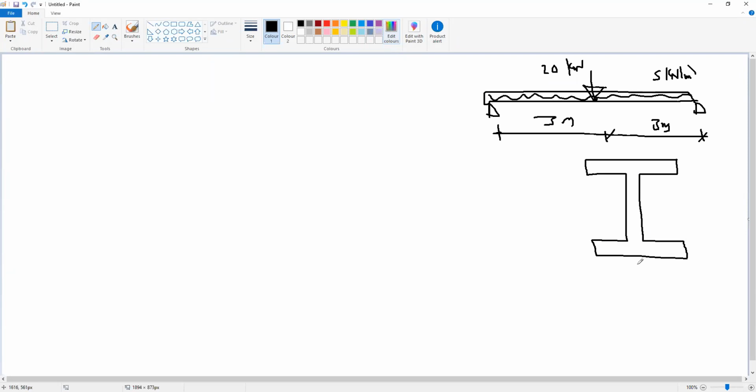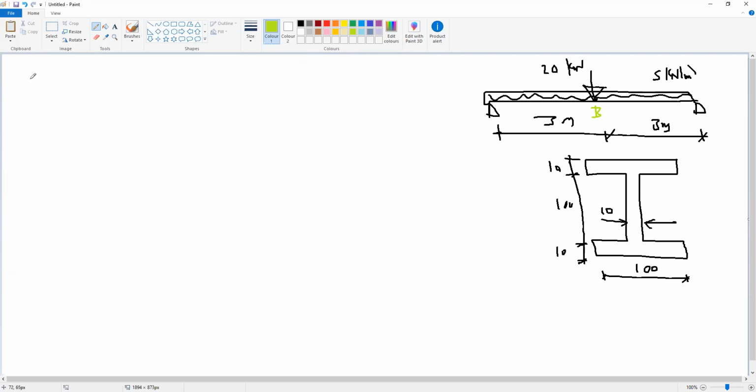This I beam is 100 millimeter, 10, and this 10, 110. So now we need to find the maximum deflection at point B.